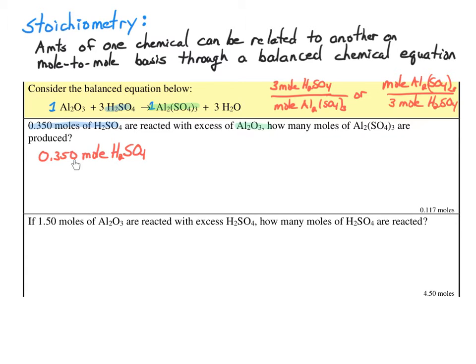This is our measured number that's given in the question statement. We want to cancel out units of moles of sulfuric acid, so this is the conversion factor that we're going to use. It tells us that consuming 3 moles of sulfuric acid is equivalent to producing a mole of aluminum sulfate.